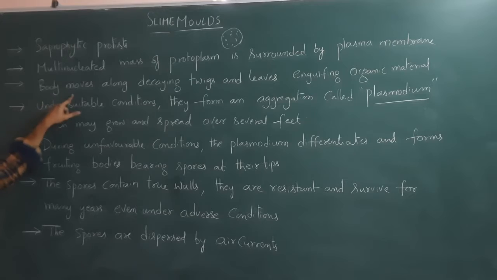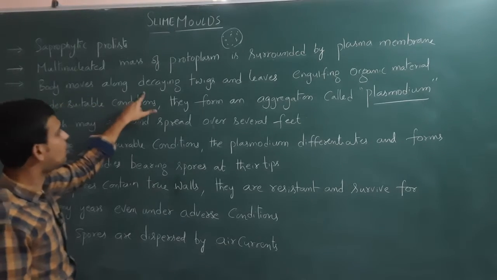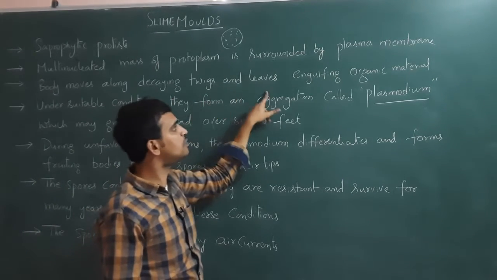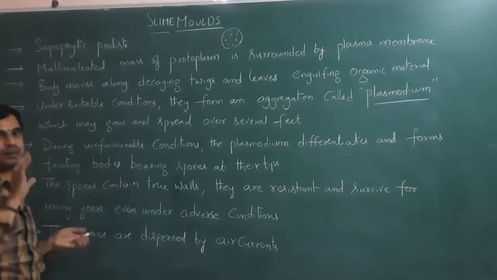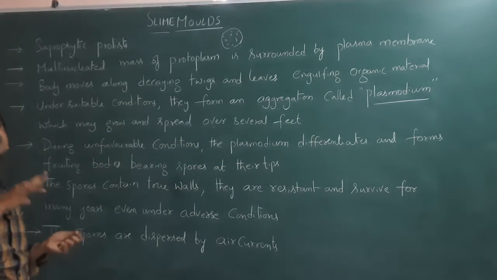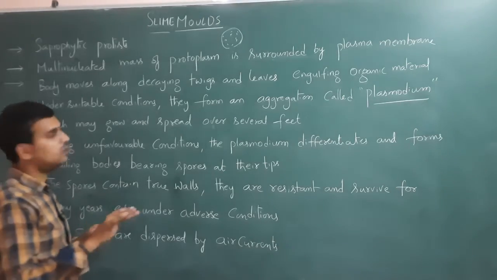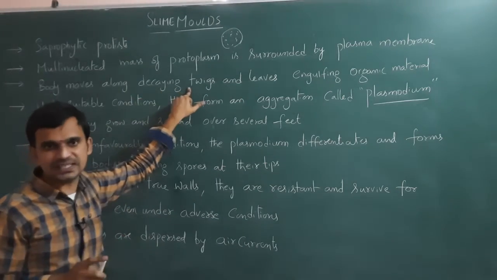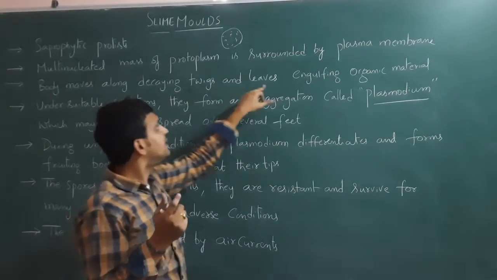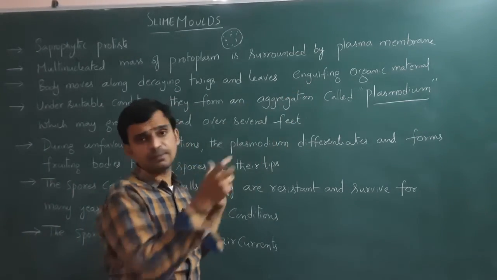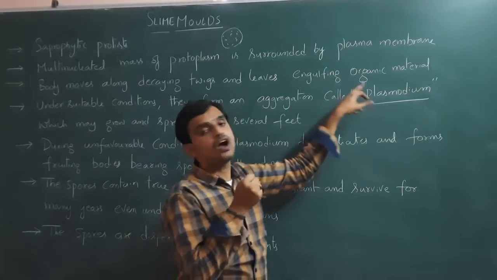Next, the body or the cell moves along decaying twigs and leaves, engulfing the organic material. So the body of the slime molds can move along the decaying twigs, that is dry twigs, and leaves, engulfing, meaning taking in, the organic material.